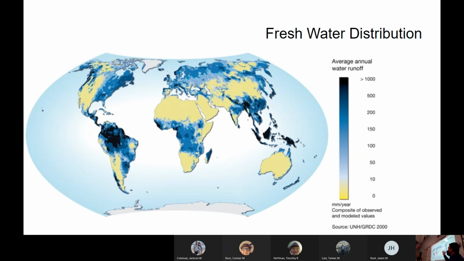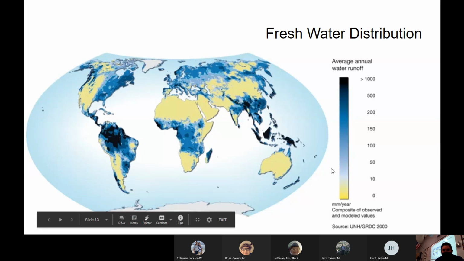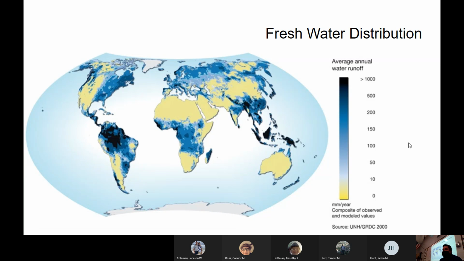So, freshwater distribution. Again, note, freshwater is not everywhere in the world. Even in the United States, it's not everywhere. Check out Australia for fresh water.